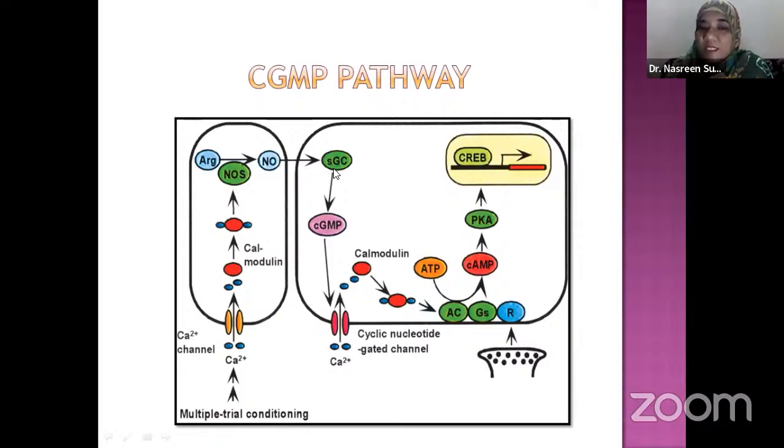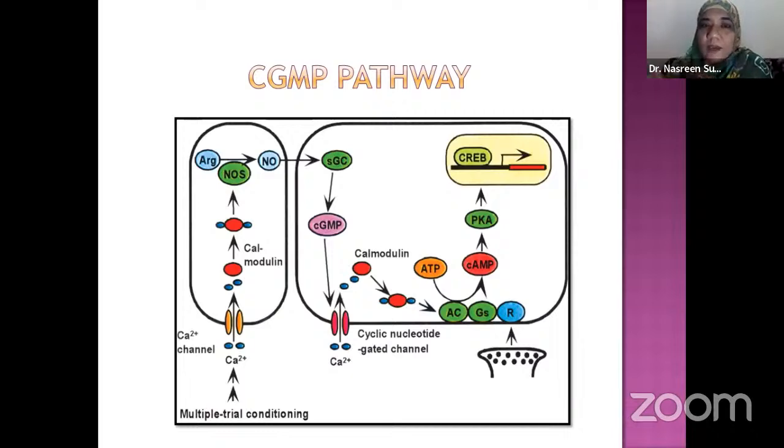This activated GC will be converting GTP to cGMP. As the cGMP levels increase, there will be vasodilation. Okay, just remember that everything, in detail, you will be seeing in your pharmacology. Just remember what are the secondary messengers which are involved and how the pathway, which enzyme is getting activated.